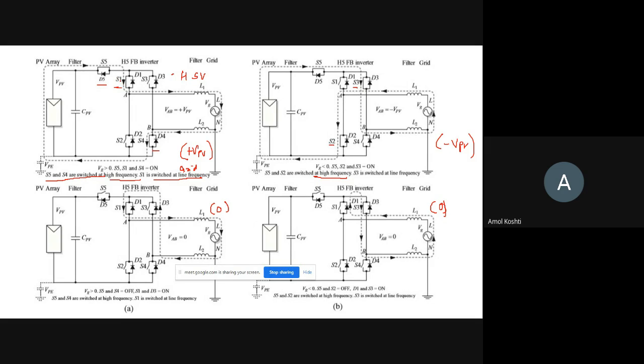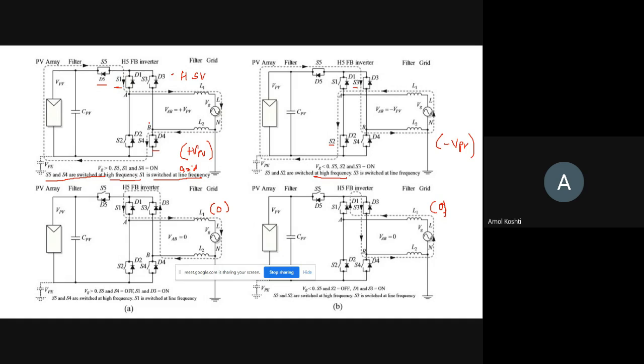There is a calculation to find the range of heat sinks for the different switches. Depending on the switching, we calculate the size of the heat sink to be connected to each switch. In this way the H5 inverter will operate. It is a slight modification of the basic H bridge inverter.